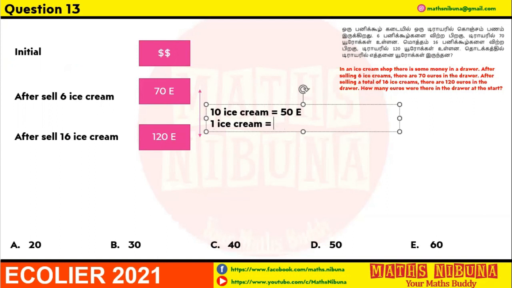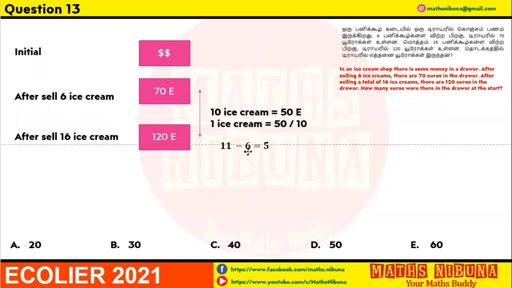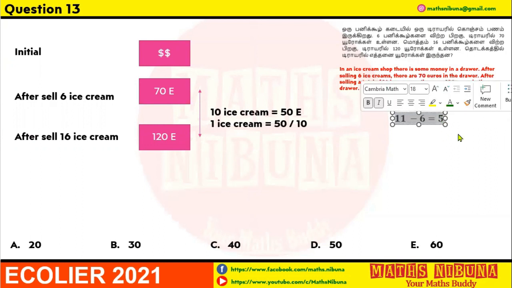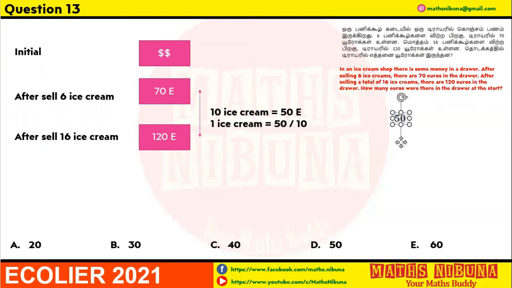So what do you do? We divide 50 by 10. If you are confused by this symbol, I can just say divide.